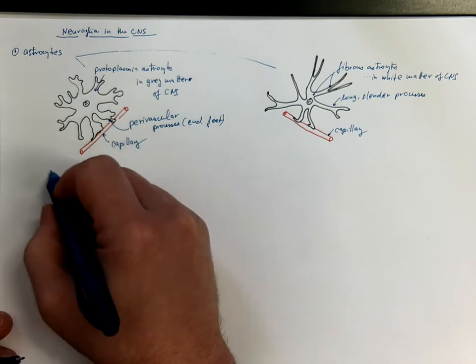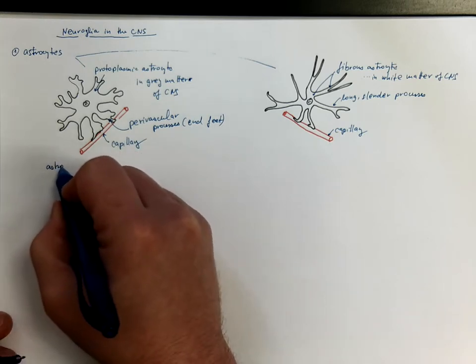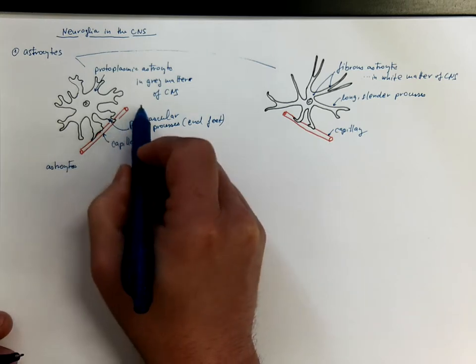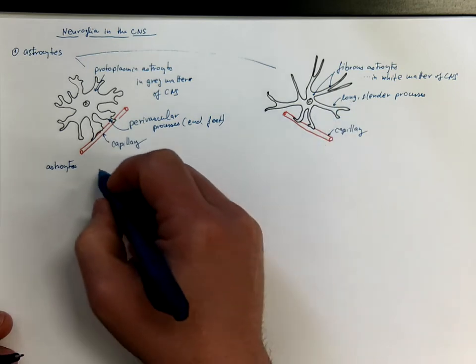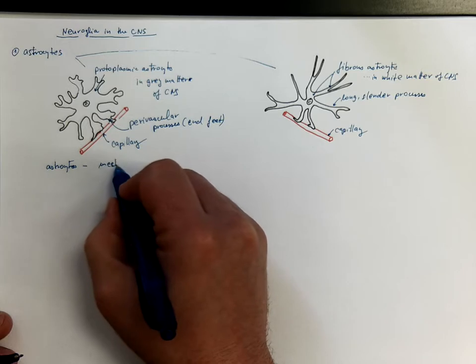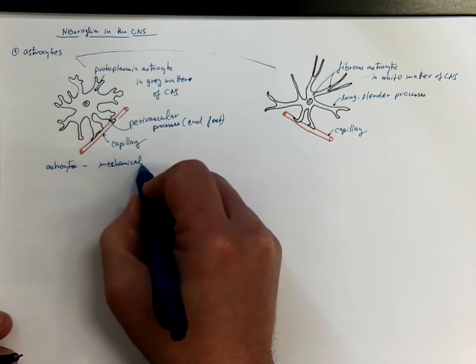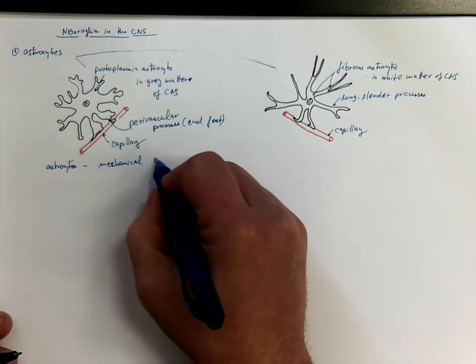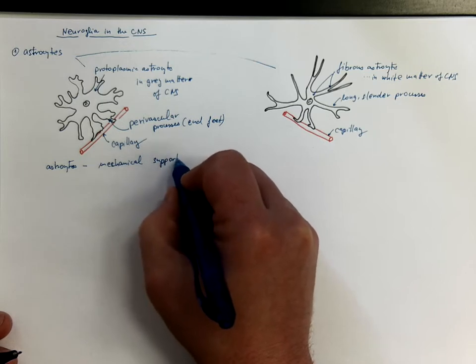Well, the astrocytes in both gray and white matter are responsible for mechanical stability, mechanical support of neurons.